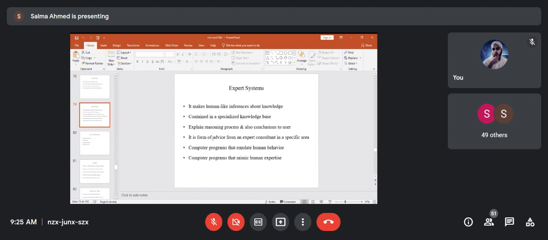Now, like human beings, it will make inferences about the knowledge. Where is this knowledge held? Like we had a database, here we have a knowledge base. In this knowledge base, it also explains how it is using the knowledge to arrive at a particular decision. A DSS does not do so, but here they will even give you the reasoning they have used and how they have come to a decision.